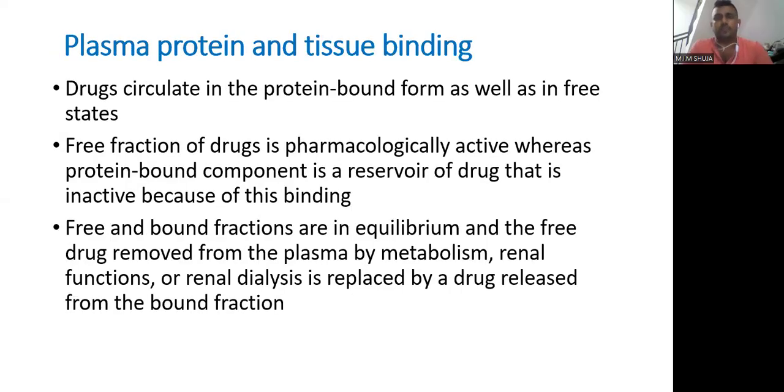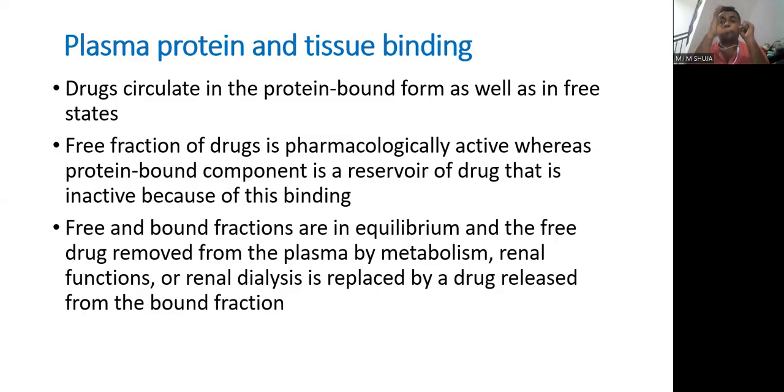The plasma protein and tissue binding, I have explained earlier. Drugs circulate in the protein bound form. That means in the blood, if you give a drug, there will always be two forms. Some portion of the drug is always bound to plasma protein. Some is not bound to plasma protein but still stays in the plasma.